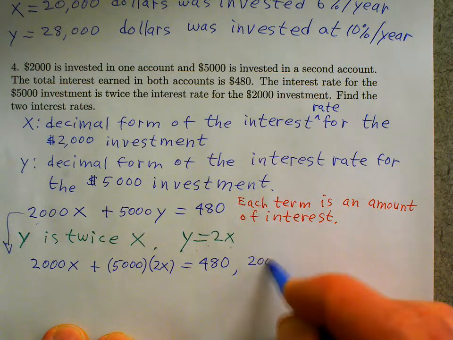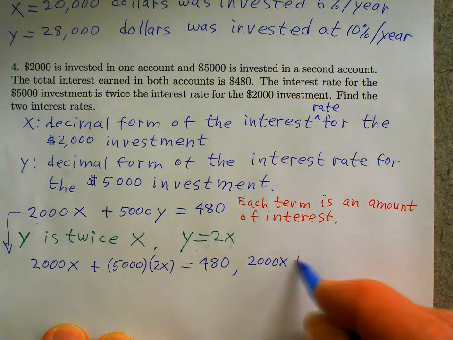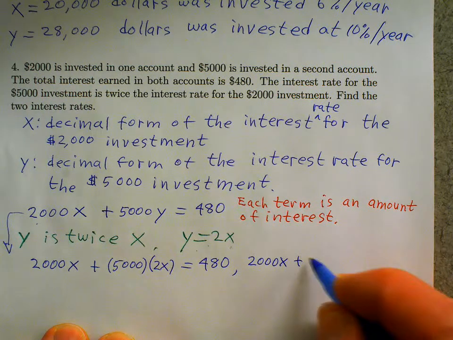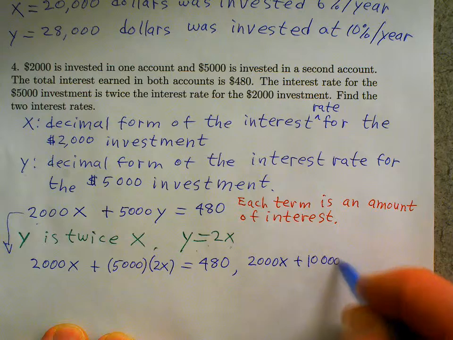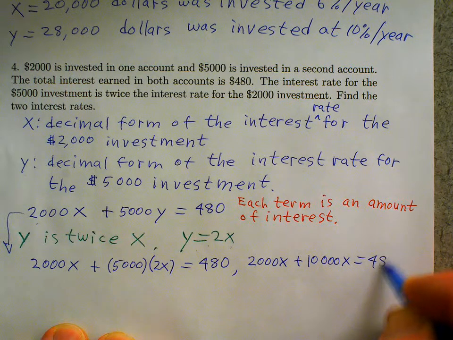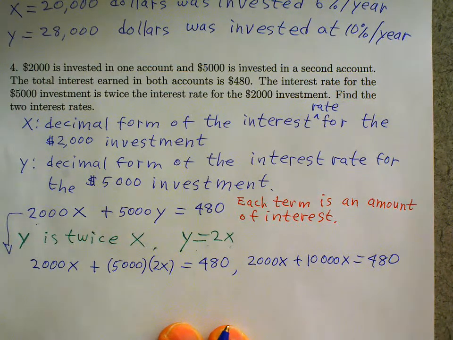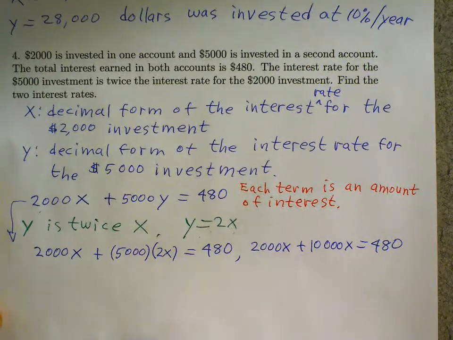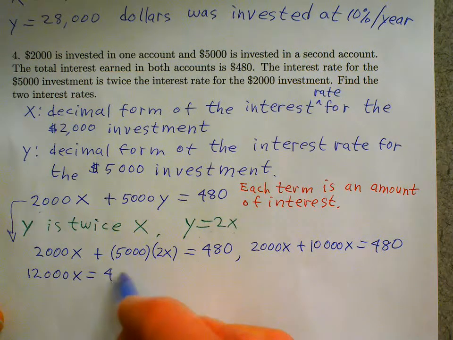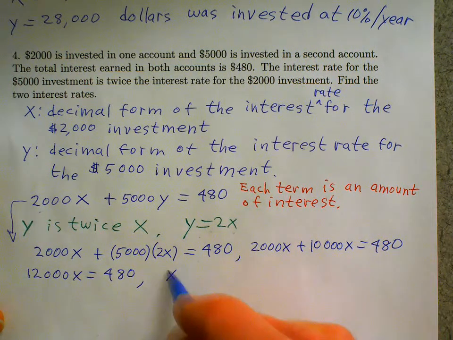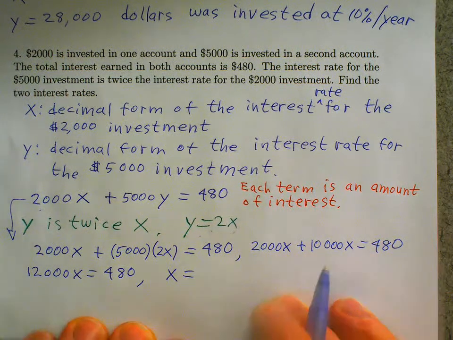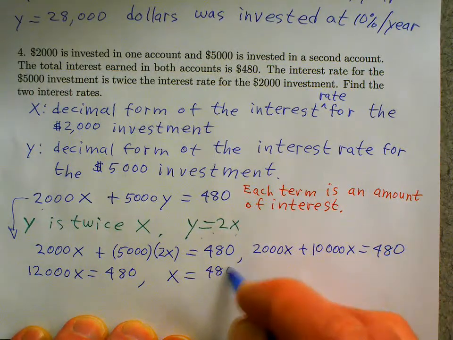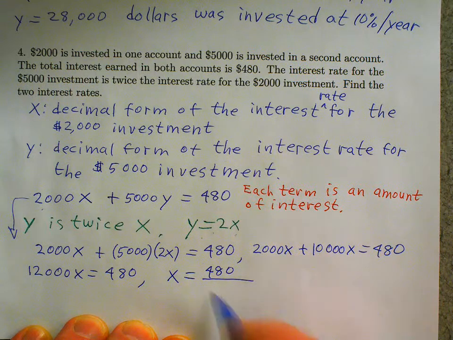So 2,000X and 5,000 times 2X is 10,000X equals 480. And so 12,000X equals 480. And then X is 480 divided by 12,000.